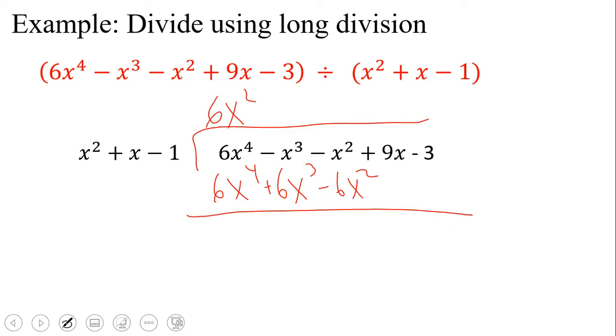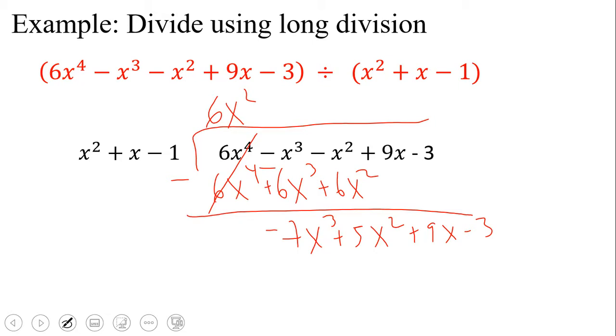Draw the line, change the signs. Fourths are gone. -1 minus 6 is -7 x cubed plus 5x squared. And then again, I like to bring down all of my leftovers at once, but that's kind of up to you. So then go again.